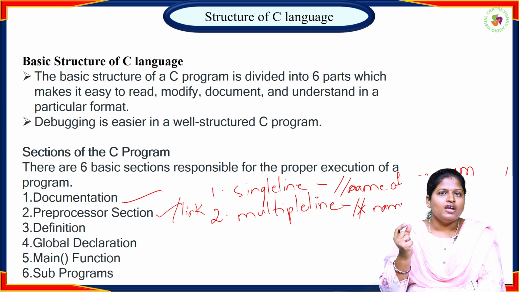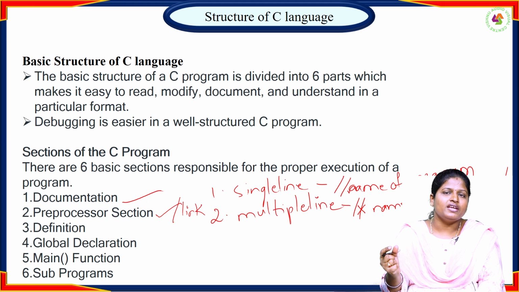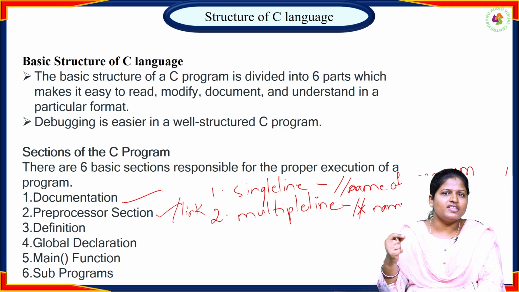For example, if you are using conio.h, that is console input output, in that we have functions like clrscr, that is clear screen, and getch for getting a character. Like that, for a particular library file we have different input and output functions. Those all depend upon the programs we write. For example, if we consider the addition of two numbers, we need input and output, that is giving the values for variables and getting the output, so we use scanf and printf.